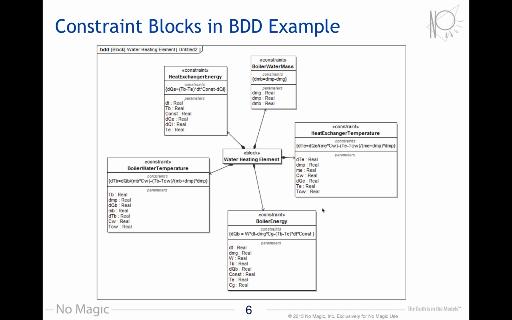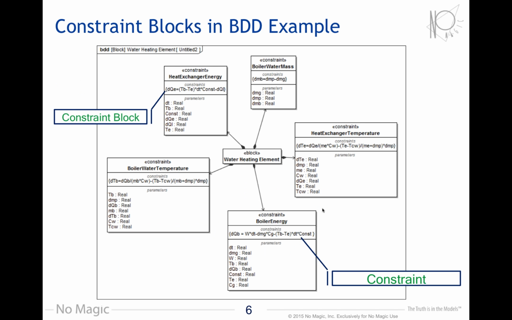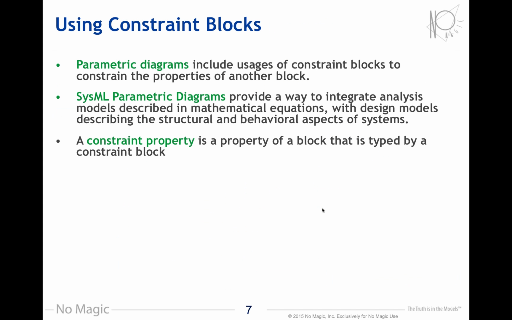Typically, you define those constraints in a BDD diagram, block definition diagram. Here's an example of several blocks. Then the next step is to use those constraint blocks, and SysML has a special diagram type for that.